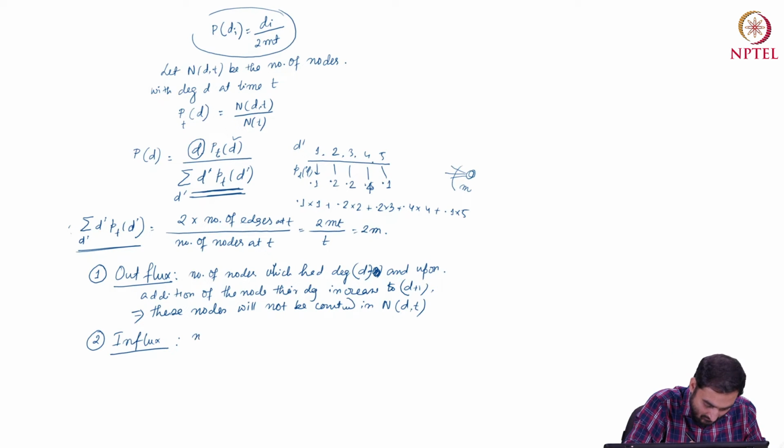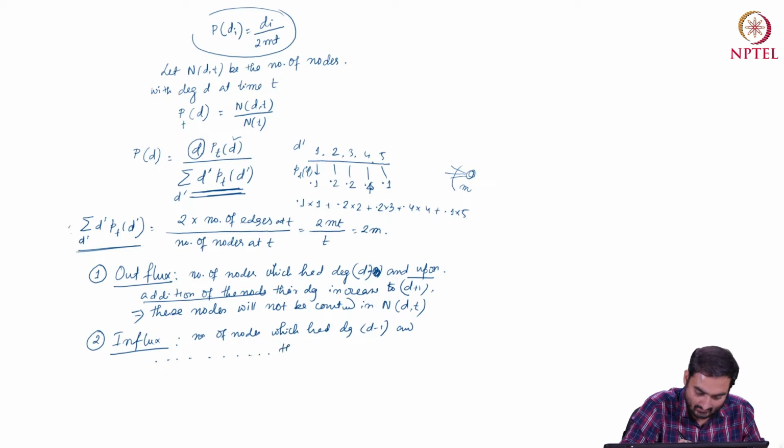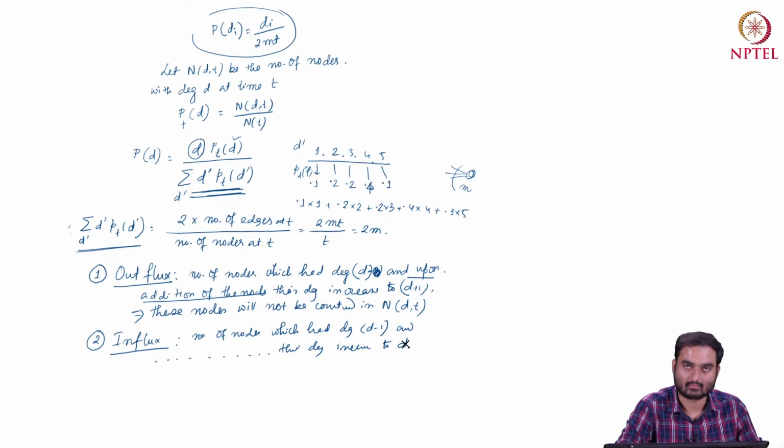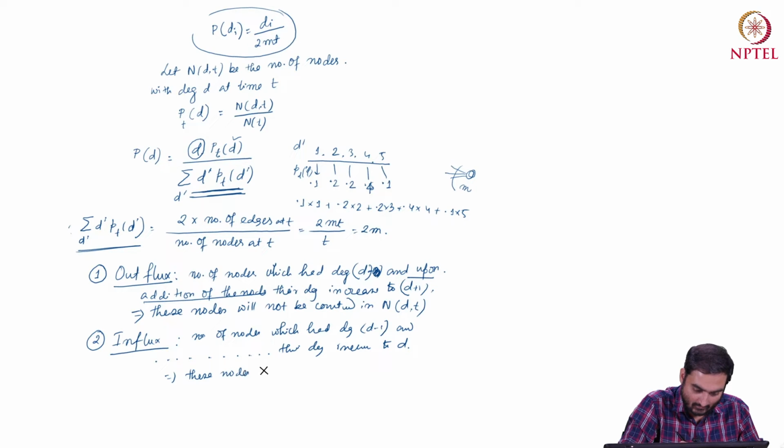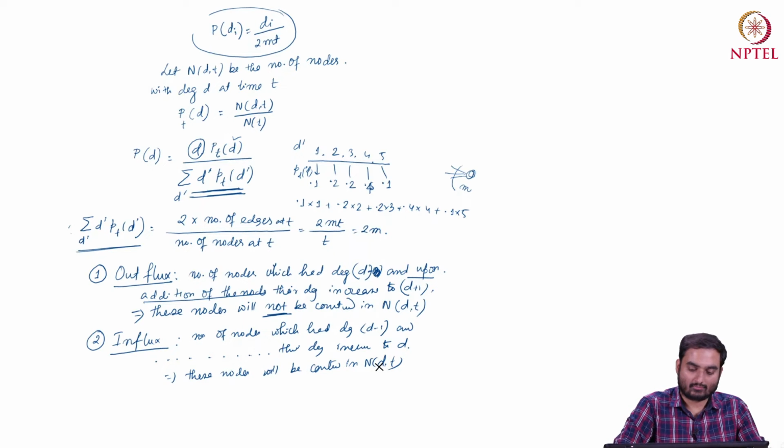So the number of nodes which had degree d minus 1, and upon addition of the new node their degree increases to d, will not be counted there, but will be counted here in n of d comma t.